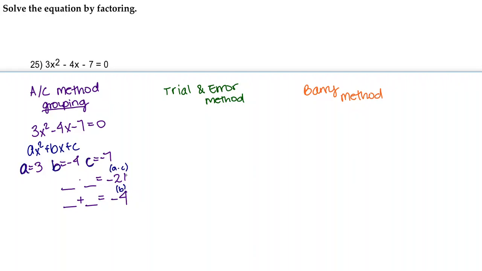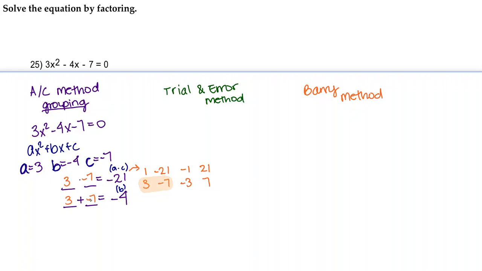So we're going to look at the factors of -21. Looks like we have 1 and -21, and then we have 3 and -7, and then we have the factors where the negative sign goes the other way, so -1 and +21, and -3 and +7. So we're going to choose the factors that also add up to make -4, and it looks like that's going to be the 3 and the -7.